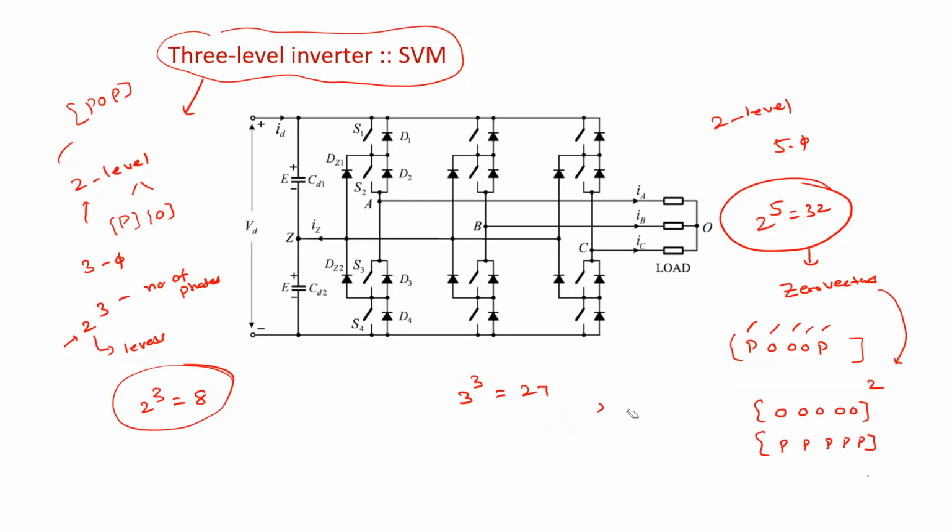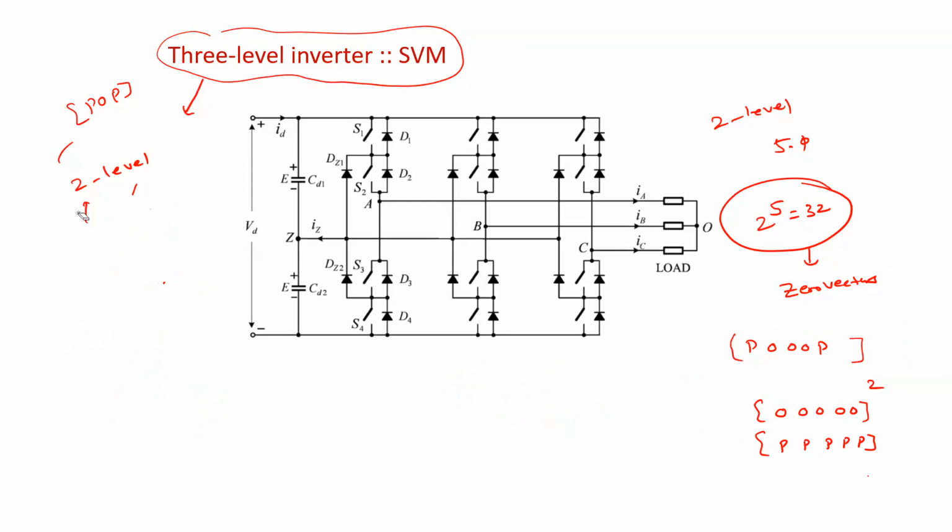So it may be helpful in other subjects also. Now come to this 3-level discussion. If it is a 3-level inverter, what are the possible switch states? For example, consider the voltage VAZ that we are measuring.